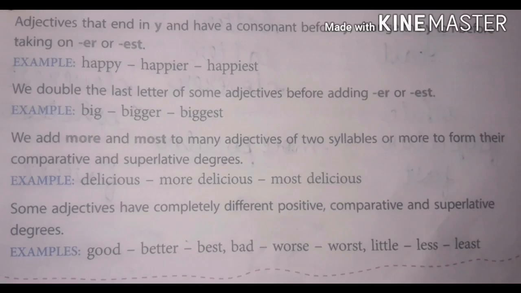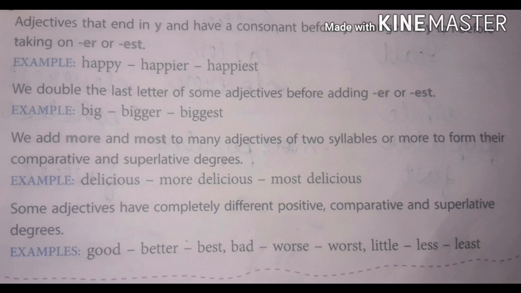But now we have an exception to this rule. Adjectives that end in y and have a consonant before y. Consonants are alphabets other than the vowels. Vowels are a, e, i, o, u. So if there is a consonant before y, change the y to i before adding er or est.